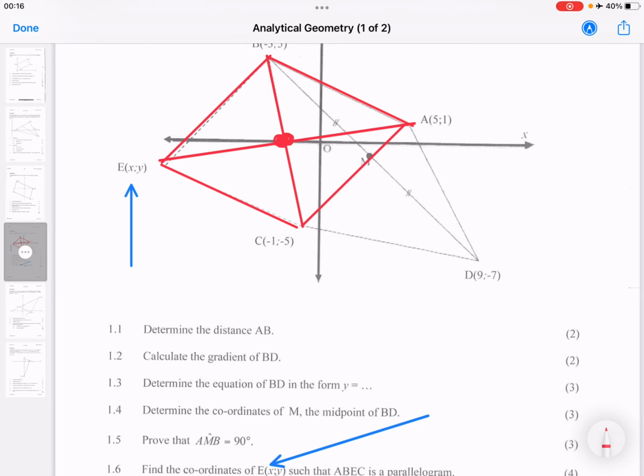I think we have done this in the previous question, where you need to use that point B and that point in order to calculate the midpoint, and that midpoint is a common point for A and E. Once you've calculated that common point using the midpoint formula, you are still going to use the midpoint formula again.